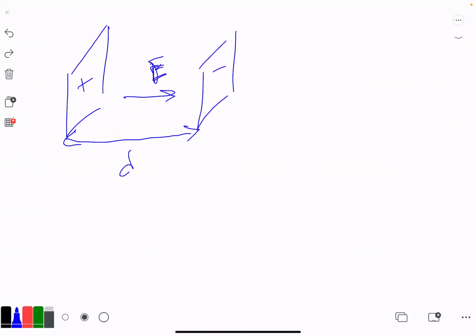Now the distance between them is given. An electric field is also given. Let's say this is positive, this is negative. This is the direction of your electric field. You have to find the potential difference. Very simple, right? V is equal to E times D. Okay.